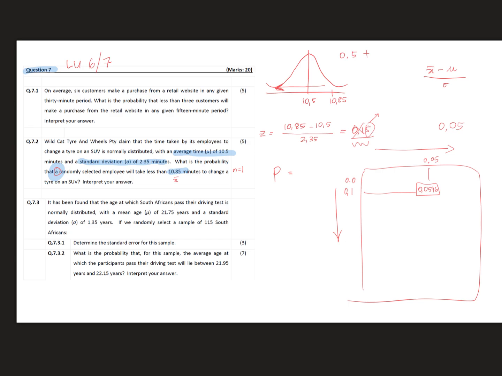So please make sure to remember: the first two digits are read down the first column, and the last number, there's always a 0.0 ahead of it, and it's read going across. Let me just change this to show you an example.